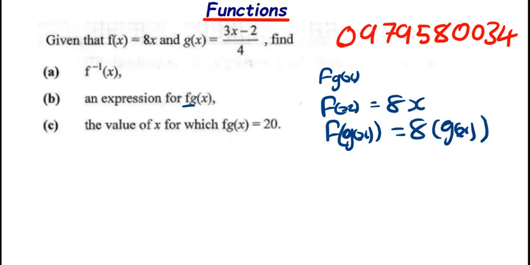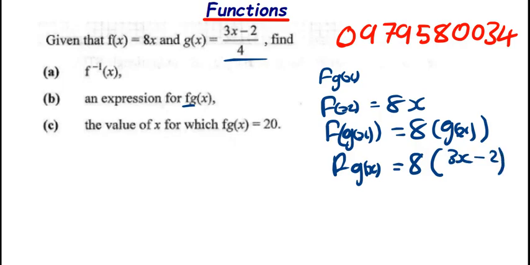And then what you do here, you say fg of x is equal to 8 open bracket. Now the function of g of x, it is what? It is 3x minus 2 over 4. Now when you are at this point, as you can see, 8 and 4 can enter into 8, because 4 is down and 8 is on top there. This is the same as over 1. Now you look for the number that can enter into 8 and 4. What is that number? 4 itself.